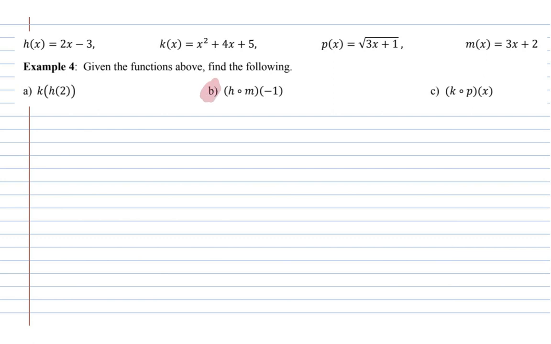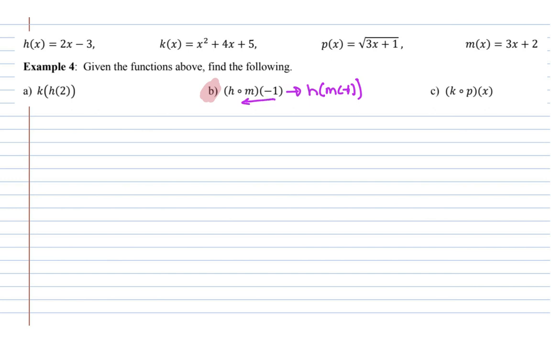Okay, so for B, one thing I want you to do, you don't have to write it this way, but sometimes it makes a little bit more sense if you write it as the other way of writing the composition function, which is h of m of negative 1. So you basically work this way in.